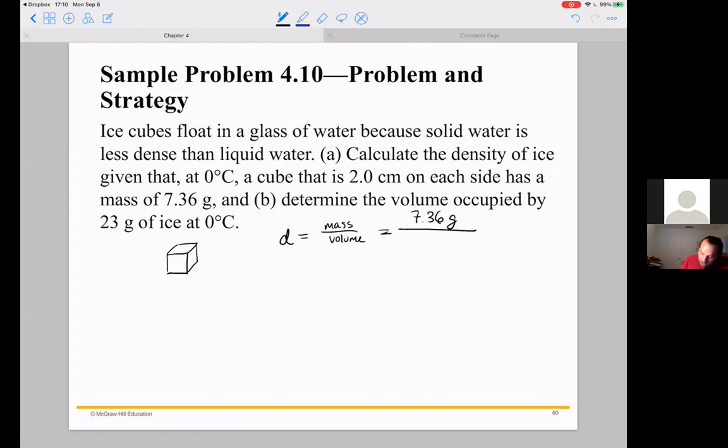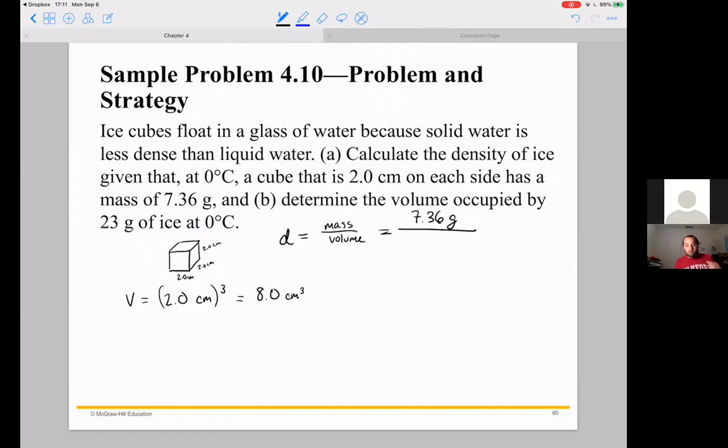7.36 grams. For the volume, I'm going to have to do some geometry here, where I have a cube, so this side's 2 centimeters, this side's 2 centimeters, and the height is 2 centimeters. So the volume would be length times width times height, or this 2 centimeters cubed, which would give me 8 centimeters cubed.